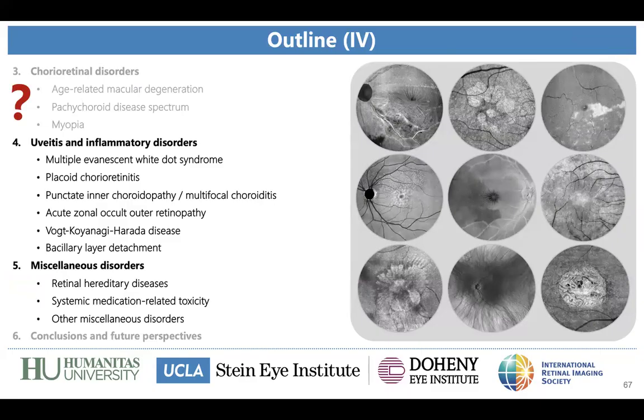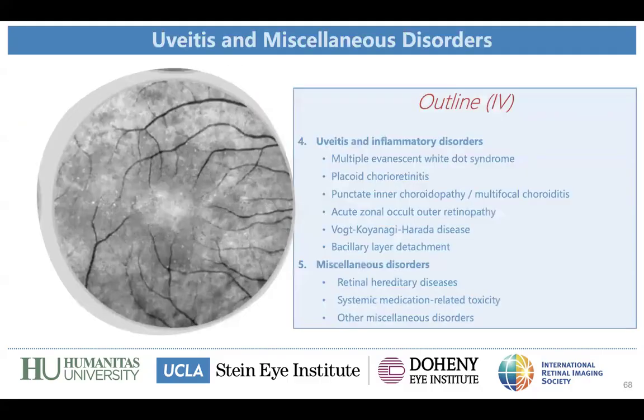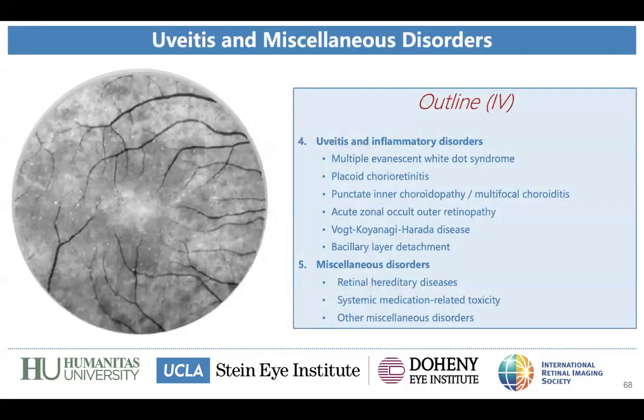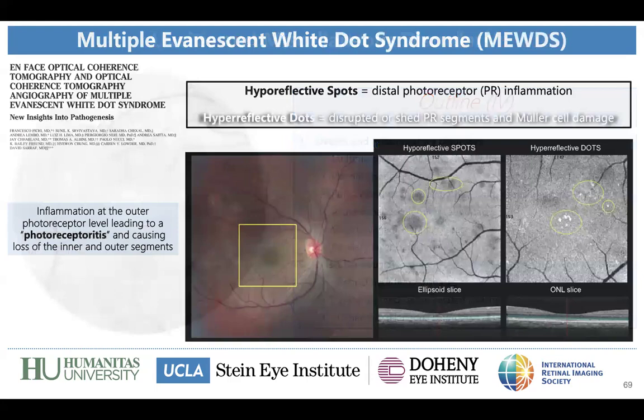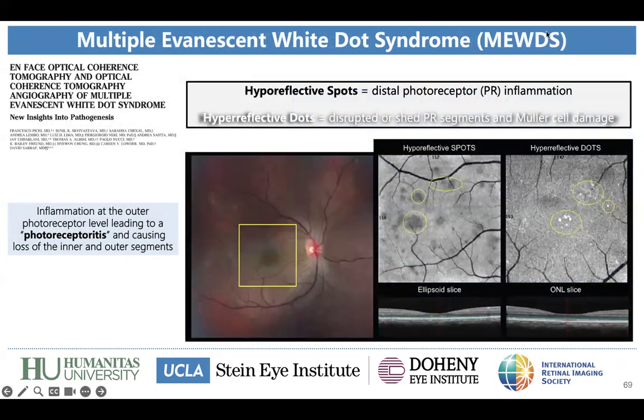Okay, sure. So let's move now to the fourth and final part of the presentation. I know it's a lot of information; I just try to give you an overview of all these conditions. So moving to uveitis and inflammatory disorders. An example of an OCTA-associated application is MEWDS, multiple evanescent white dot syndrome. In this inflammatory disorder, which is usually idiopathic, we can visualize hyperreflective spots and hyperreflective dots.